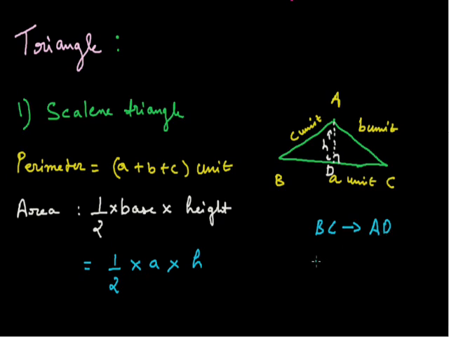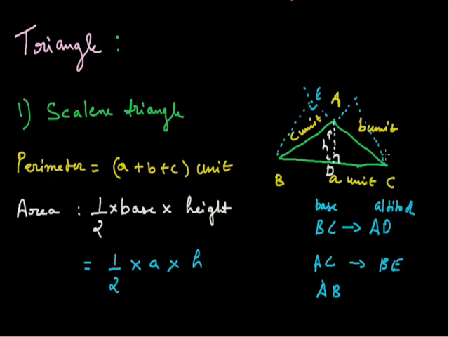Now, if I take the side AC as base, then its altitude will be from B to E. Again, if I take base as AB, then its altitude will be CF.